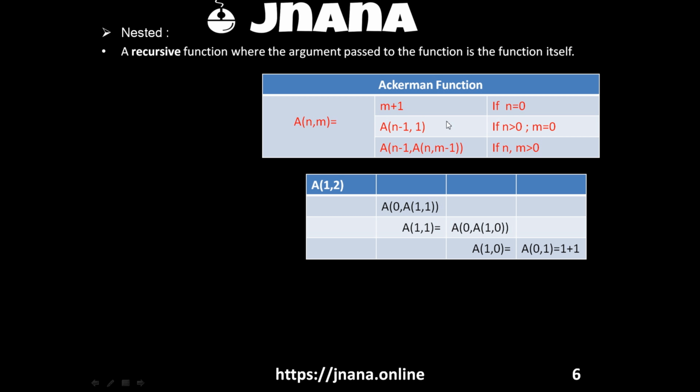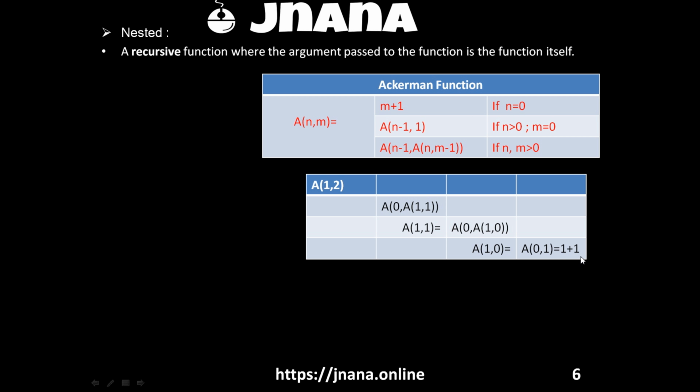So that falls in the first category when n is 0. When n is 0, the output is m plus 1. M is nothing but 1. A of 0 comma 1, that means a of n comma m, n is 0, m is 1. So when n is 0, the output is m plus 1. M is 1, m plus 1 is 1 plus 1, that is 2.